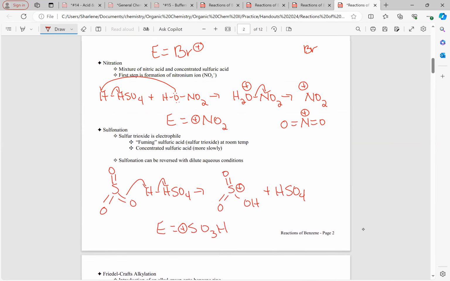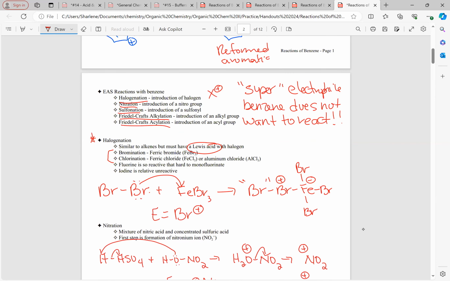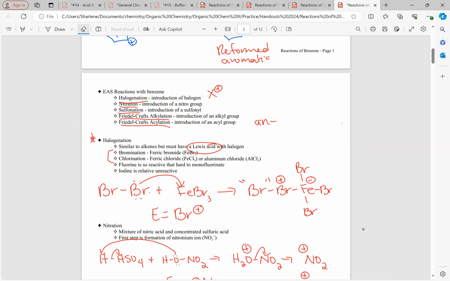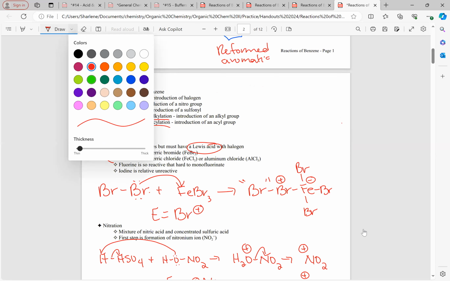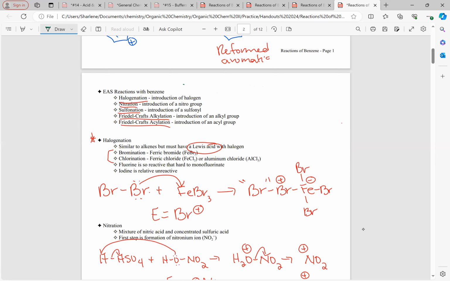Okay, in a nutshell, halogenation sees an X plus, nitration sees an NO2 plus, sulfonation sees an SO3H plus.